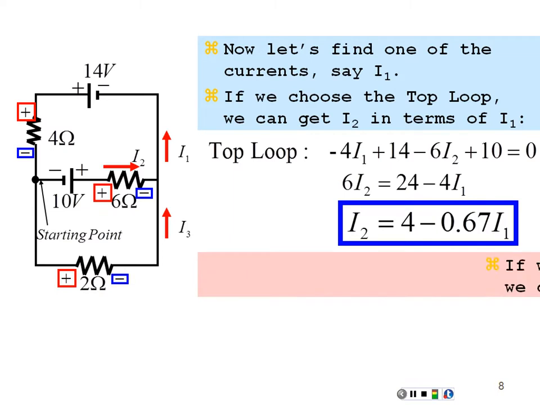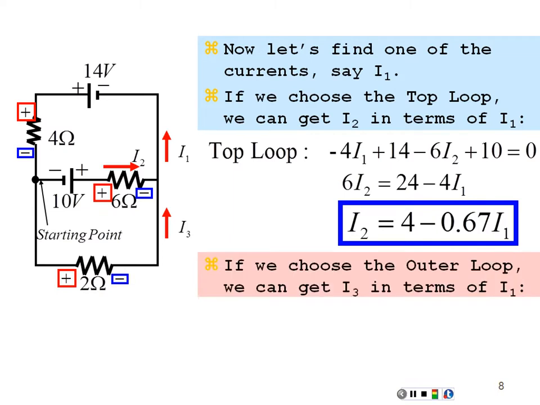Let's do the outer loop now. If I look at the outer loop, I'm going to start from the same starting point. If I go clockwise, I'll have a -10 plus 6I2 minus 2I3 equals 0. Okay, I just did the bottom loop and I didn't want to do that.